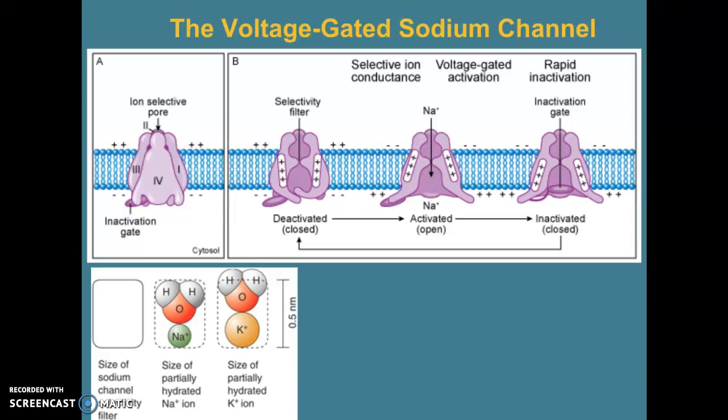And it's only going to open big enough for a sodium ion to go through. And so selectivity for sodium is really easy to understand.